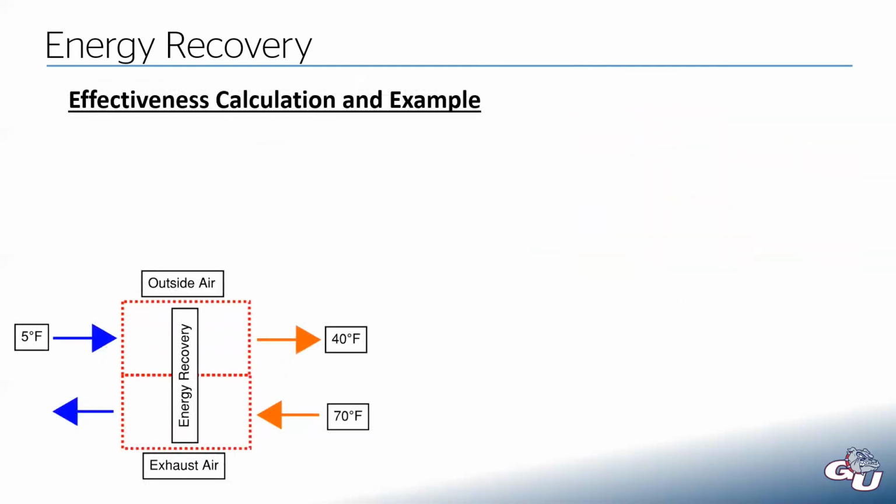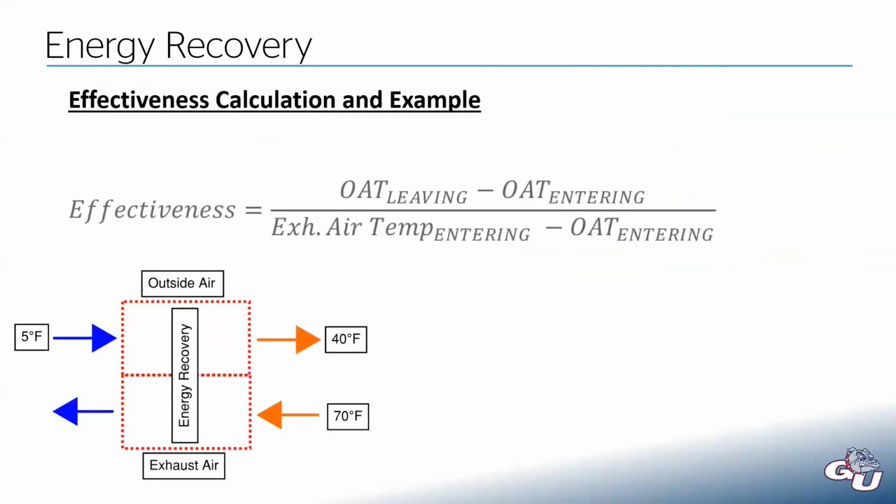It's a pretty easy calculation. So the effectiveness is based on our outside air temp leaving the energy recovery device minus the outside air temperature entering the device. So you could see that as that is our actual performance.